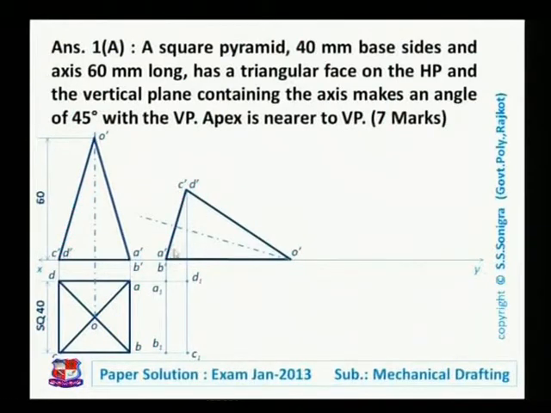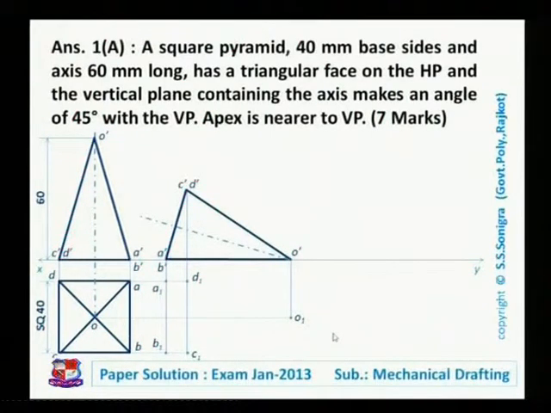So we have located A dash, B dash, C dash, D dash, all these front view points in top view, that is A1, B1, C1 and D1. Now locate O dash in the top view. So vertical line from point O dash and horizontal line from point O like this. Both will intersect at one point. Name that point as O1. So we have drawn all these 5 points in top view.